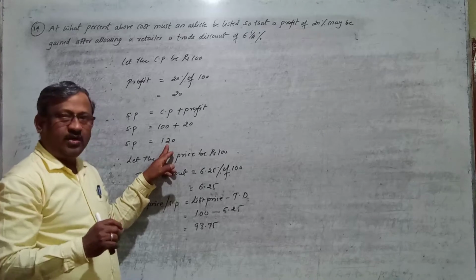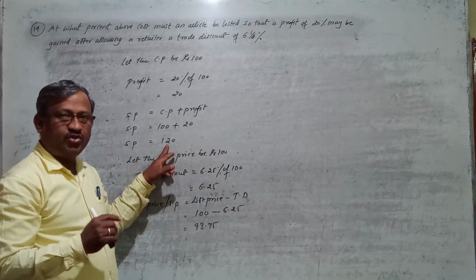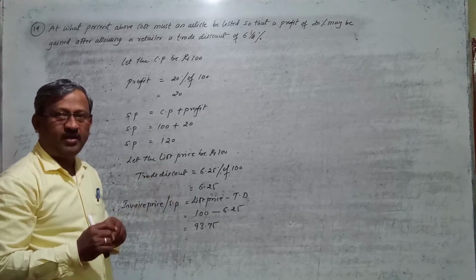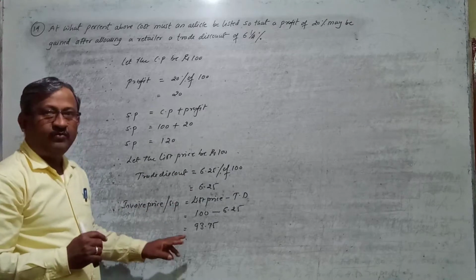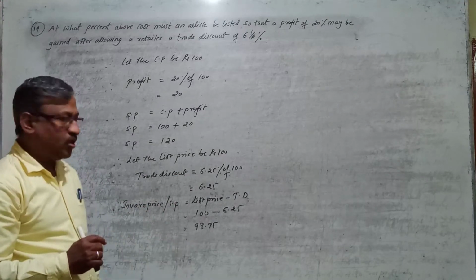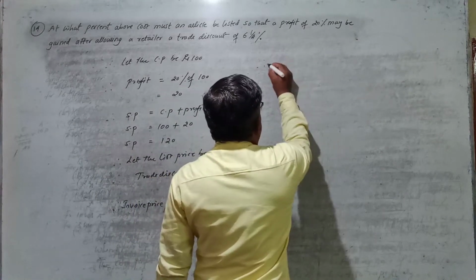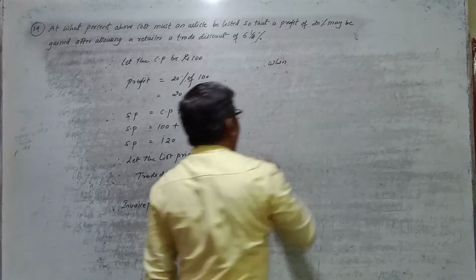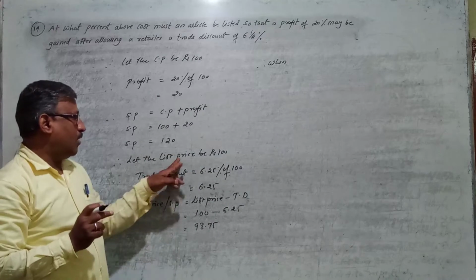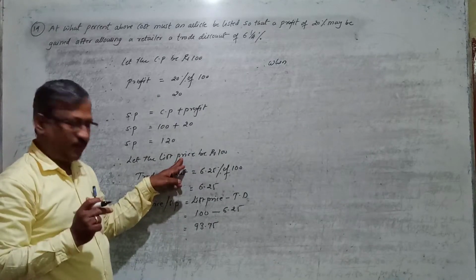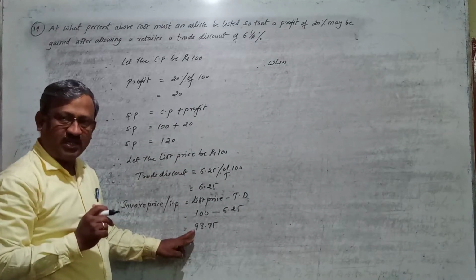What I want is, if my actual selling price is 120 rupees, what should my list price be? For that, we need to put the equation. How do you put the equation? What I want to calculate here is my list price, so you start with the selling price.